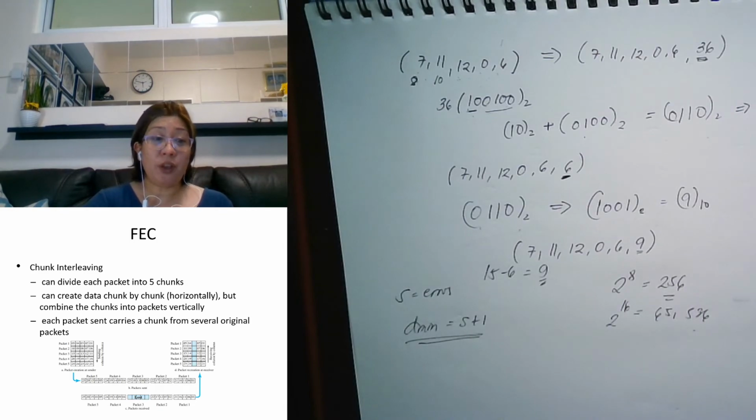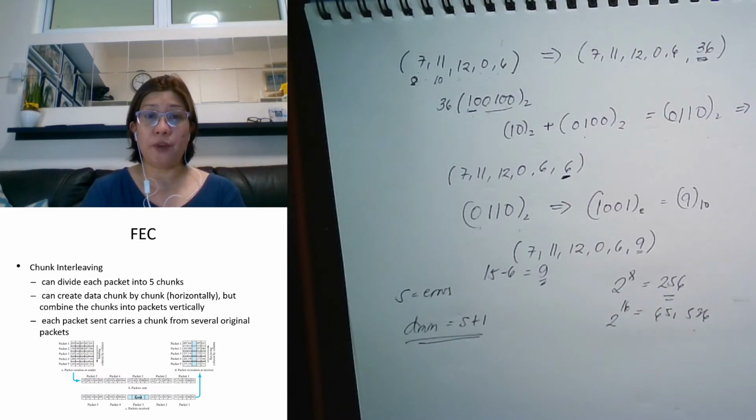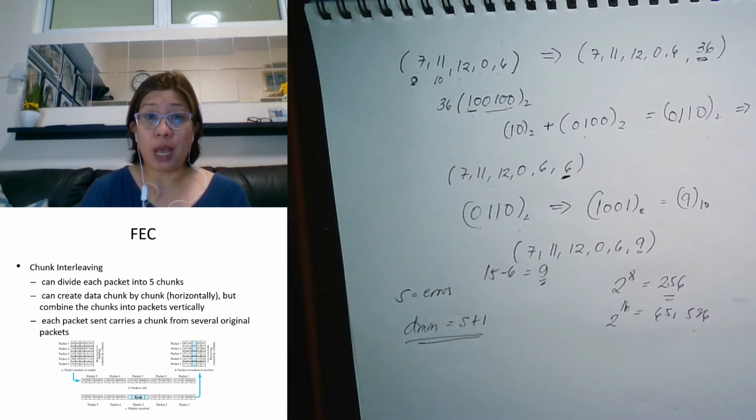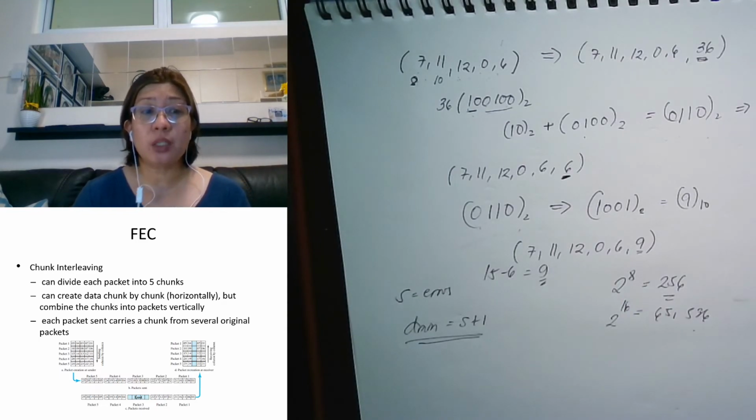We have another term here, which is chunk interleaving. This is another way to achieve forward error correction in multimedia. Another way is to allow small chunks to be missing at the receiver. So actually we are more lenient.